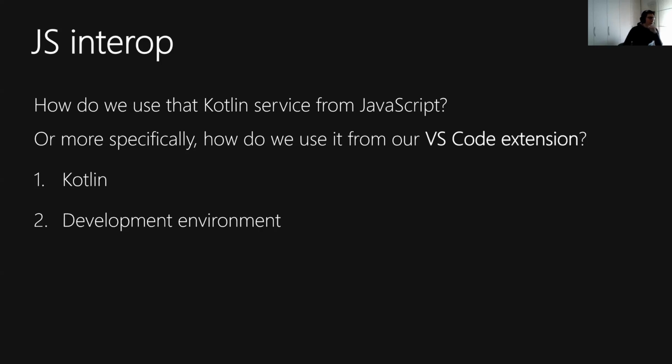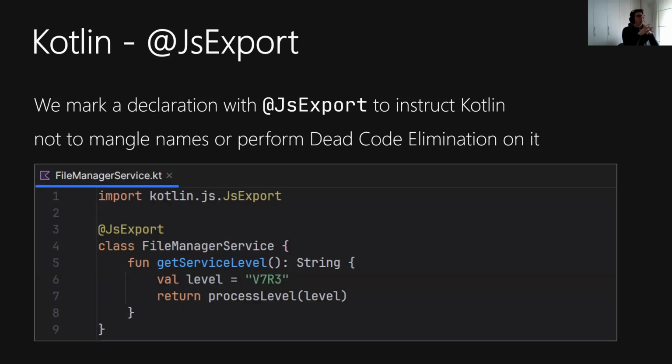So for the first part, one of the two features that Kotlin gives us is the JS export annotation. What that annotation does, and by the way, we can apply it to any top level declaration, like our file manager service class in the screenshot below, is it instructs Kotlin not to change names, not to mangle names, or not to perform dead code elimination on that specific code path, just because by default, what the Kotlin compiler tries to do is minimize the outputted JS bundle size.